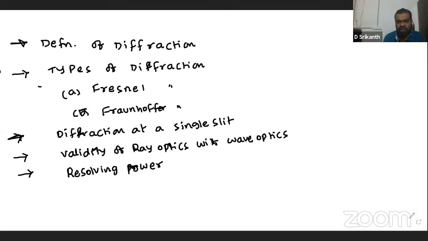Now let us consider a source of light, whatever its shape, either spherical or cylindrical or plane. Whenever it passes through a slit, the source will emit light waves.